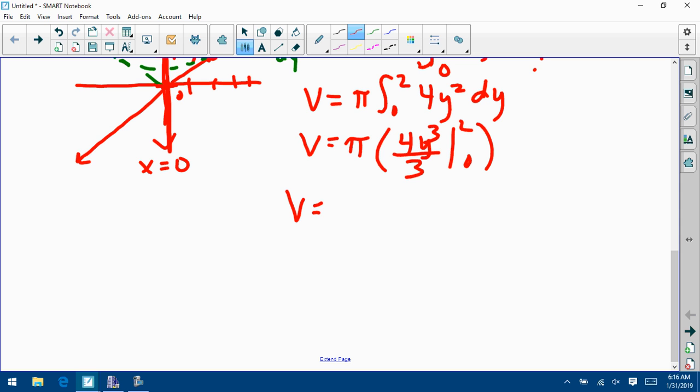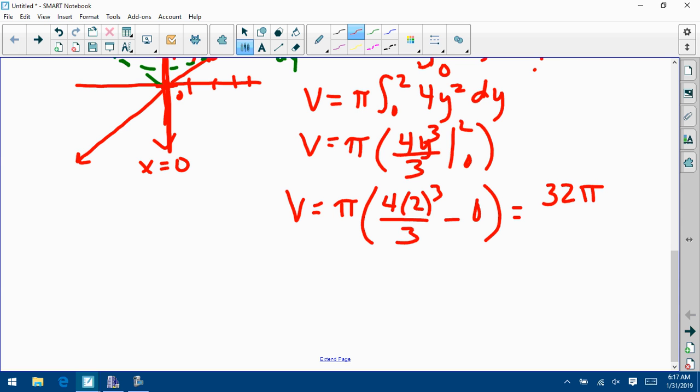So the volume is equal to pi times, plug in 2, we're going to have 4 times 2 cubed over 3. Plug in 0, it's just going to be 0. 2 cubed is 8. 8 times 4 is 32 over 3. So 32 pi over 3.